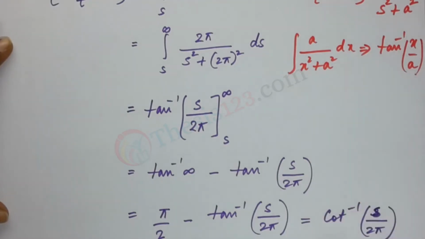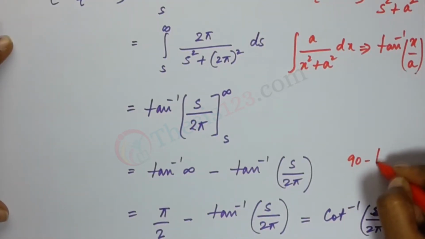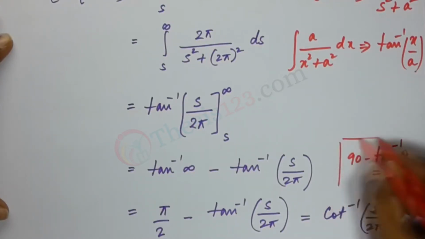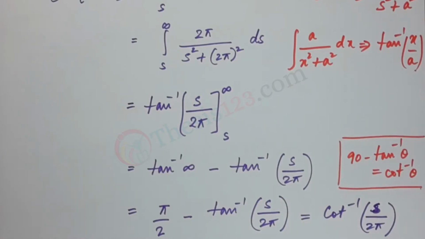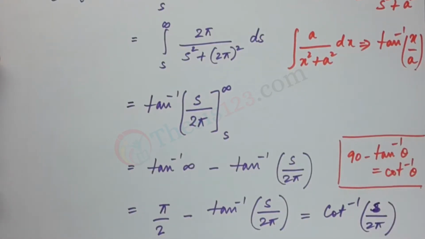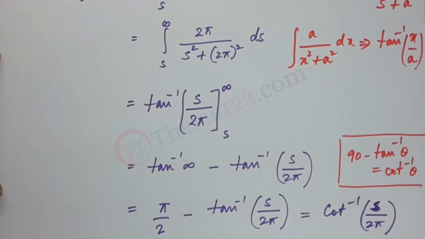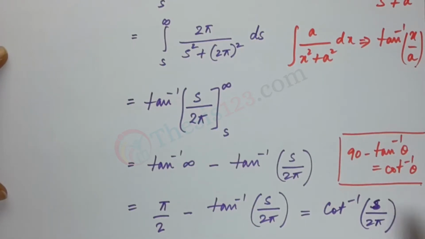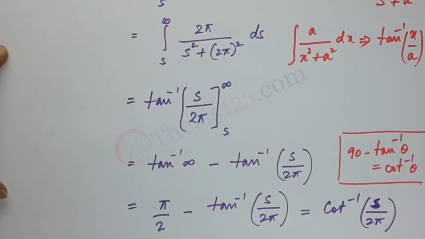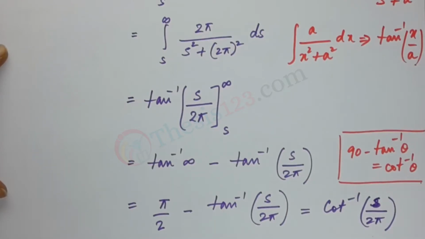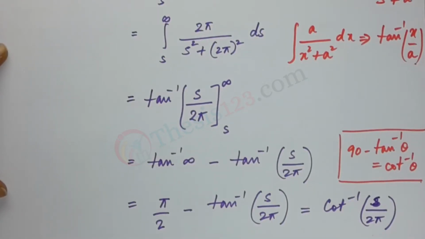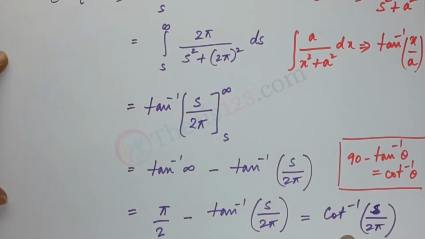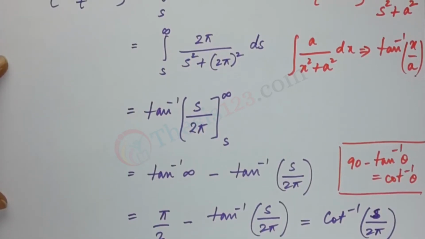I'll write that here: 90 minus tan inverse theta is cot inverse theta. All of these are basics that we have learned during our intermediate. So we have to incorporate all of that, including what we learned in linear algebra during our first and second year of engineering, and apply all of that to problems like this. Indeed, it is a lot to remember, but with practice, you will get it all. So far we have cot inverse of s by 2 pi.